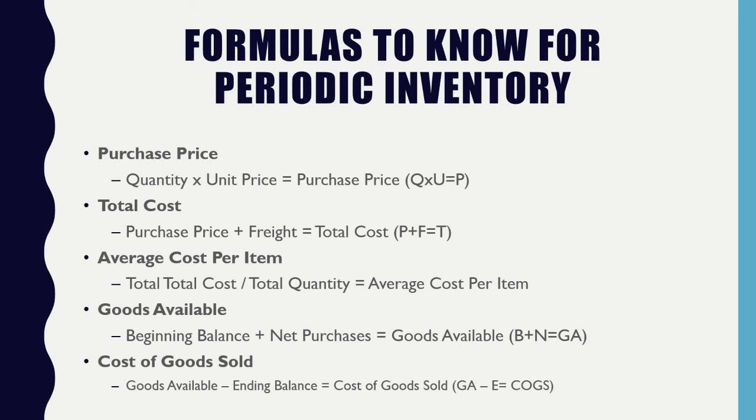But everything else here is going to be the same standard formulas. You've got the purchase expense, which is your quantity times the unit price. You've got your total cost, which is your purchase price plus your freight. And then your beginning inventory, ending inventory, goods available, and cost of goods sold are all going to be the same.